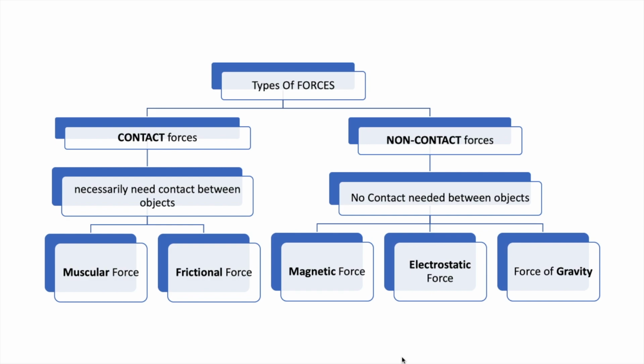In these types of forces, contact between at least two objects is a must. While in non-contact forces, there is no contact needed between objects. These are three types: magnetic force, electrostatic force, and gravity. Let us know more about each of these types of forces.